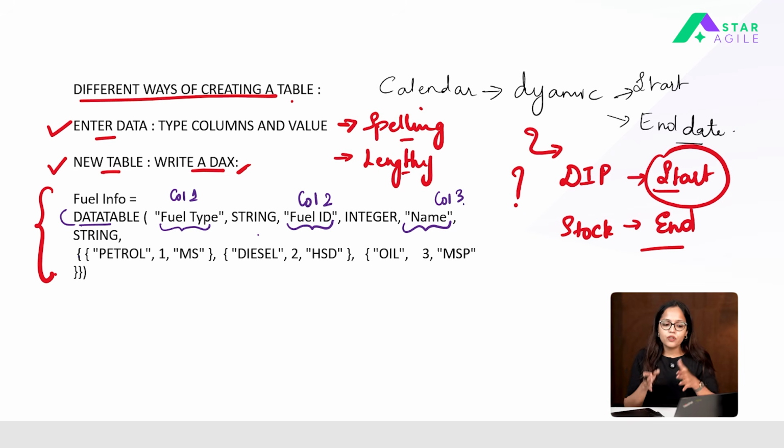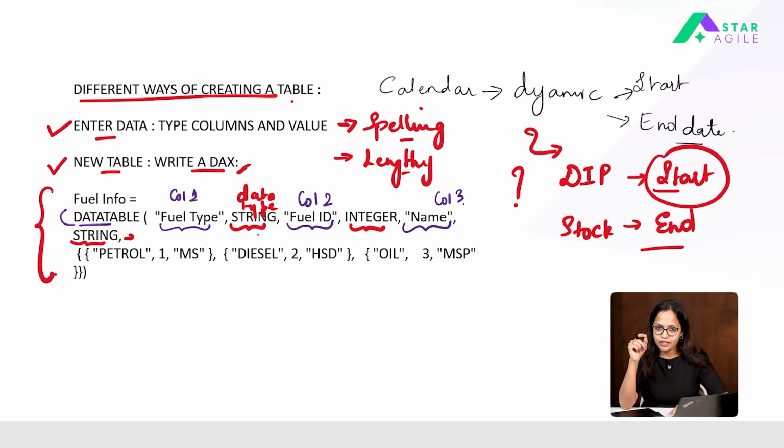Got it? Now for every column, don't you think we have to assign a data type, which is very important? This is the same thing that we were doing in our data transformation. So what you see here, integer, is your data type, and so is your string. So this is a string, this is an integer, and again your name is nothing but a string.